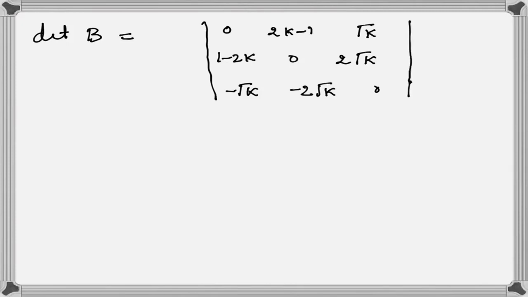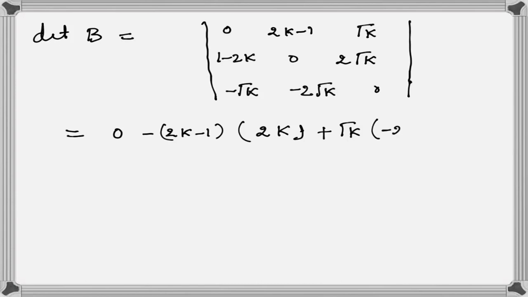Expanding from the first row, the first entry is 0, then minus (2k minus 1) multiplied by 2 times k, plus root k, then you multiply with minus 2 root k plus 4k root k.